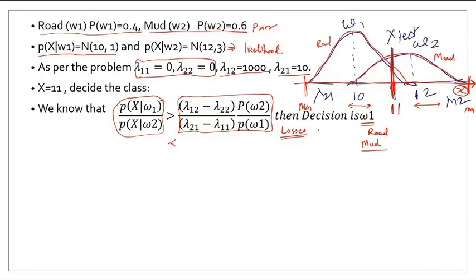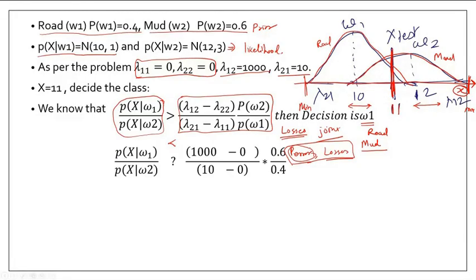This is a joint thing where I take into account probability and the losses. We are not just interested in reducing the probability of error, we are also interested in reducing losses. Earlier, simple Bayes concentrated on only the probability of error.